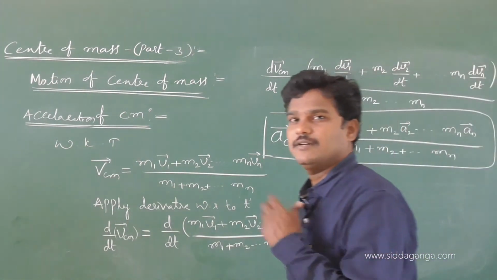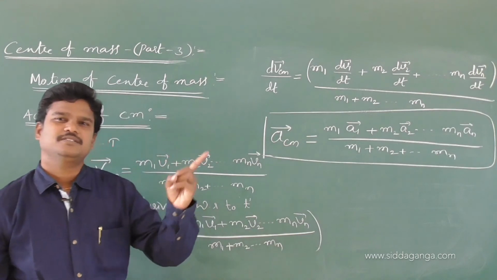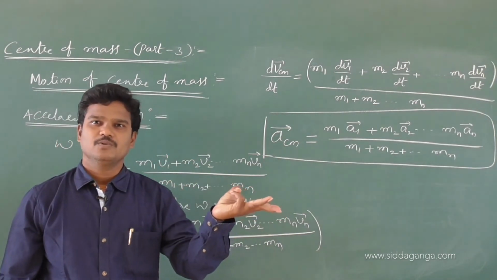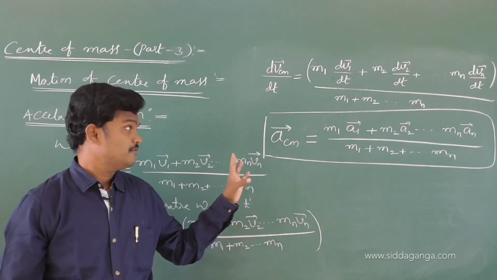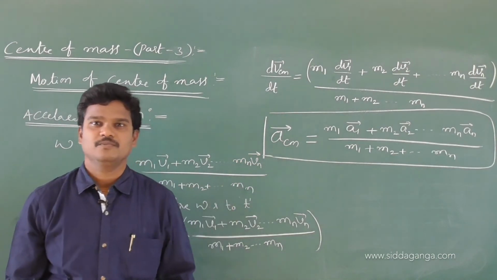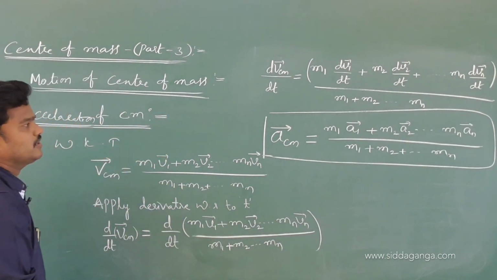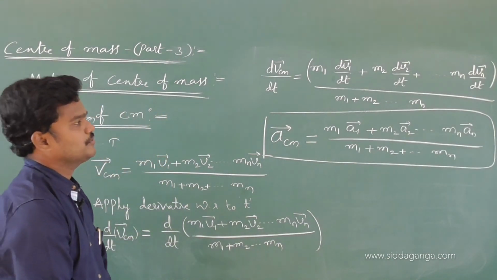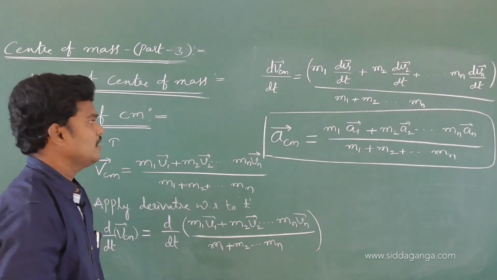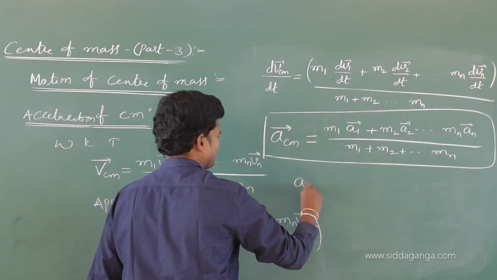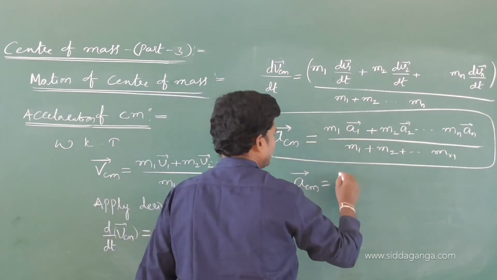So I got acm like vcm, like rcm. All are the same, xcm, ycm, zcm. Those are coordinates, in vector form. So I got acm bar equals m1 a1 bar plus m2 a2 bar, and so on up to mn an bar, by the total mass.